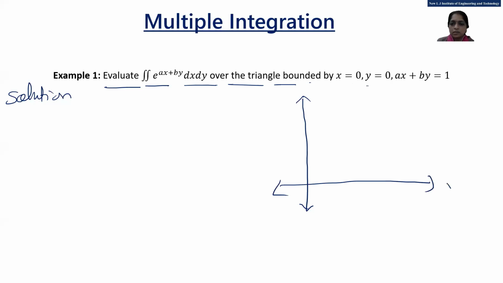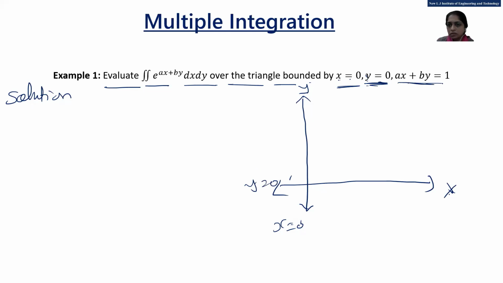Here x, y. x equal to 0 means what? The y-axis. And y equal to 0 means what? The x-axis. Please understand: x equal to 0 is the y-axis and y equal to 0 is the x-axis, right?